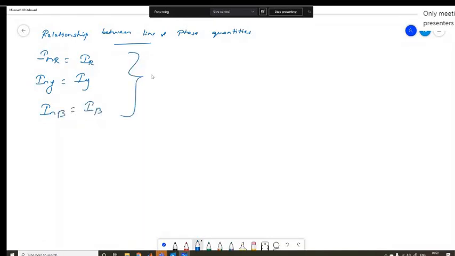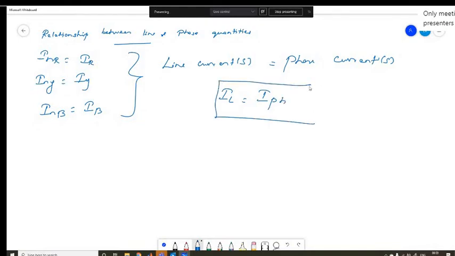This means that the line currents and phase currents are equal. So in short, I can write IL is equal to IPH. This is the relation between the line current and the phase current under balanced condition.